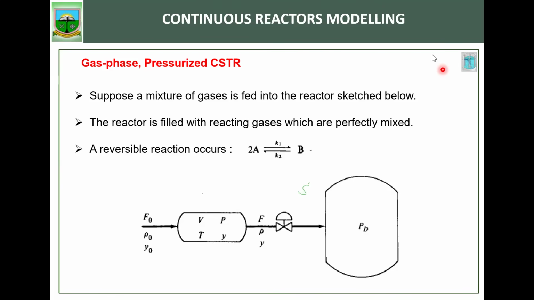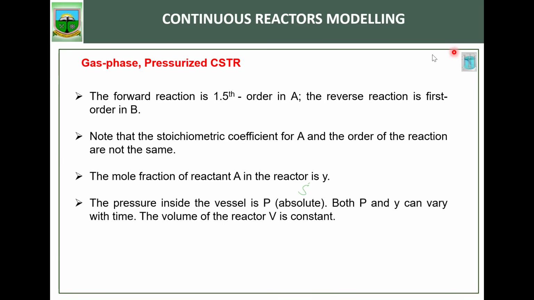All right. For this system, we said we have a forward reaction, which is in the order of 1.5 in A, and the reverse is a first order reaction in B. Now, note that the stoichiometric equations are not the same, so we can't assume the same.